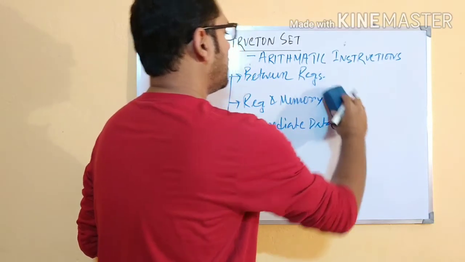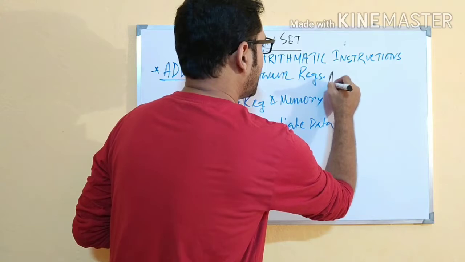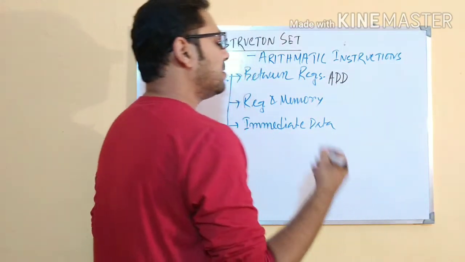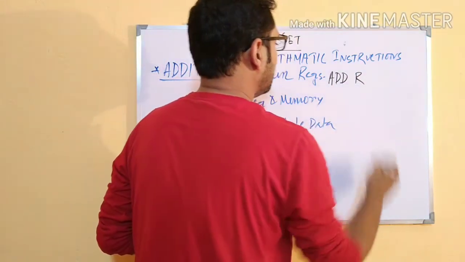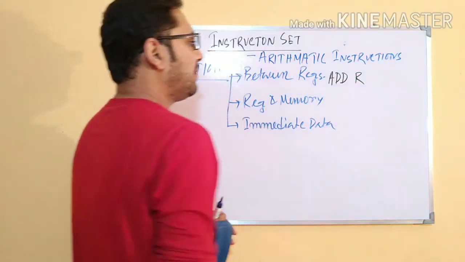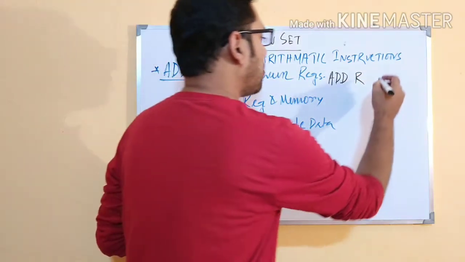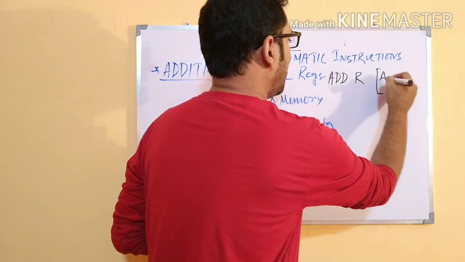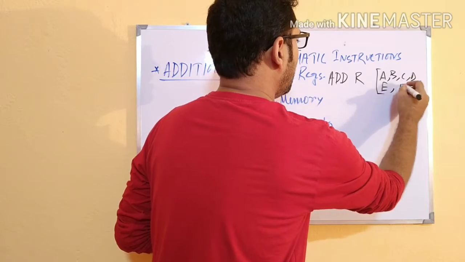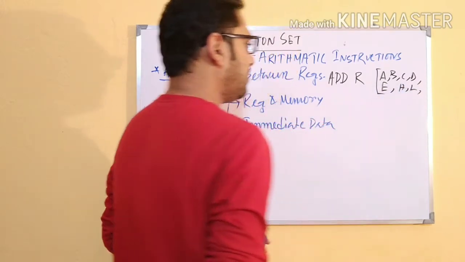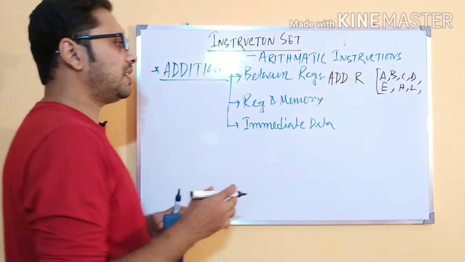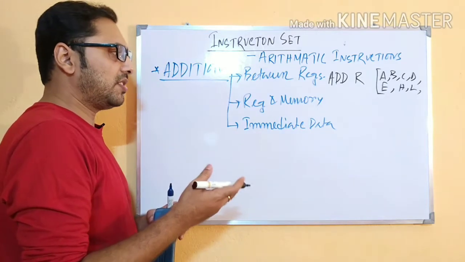The syntax of this one is add, give a space, then write down a register, that is R, add space R. So what can be the representation of R here? R means all the registers starting from A, B, C, D, E, H, L, all of them. So add R means we are talking about addition between 2 registers.